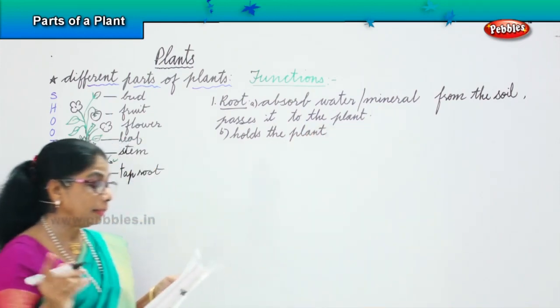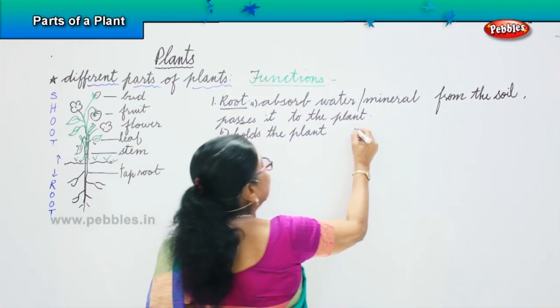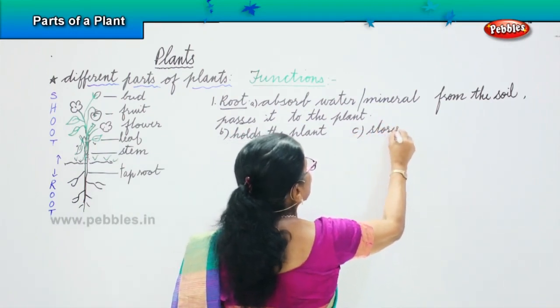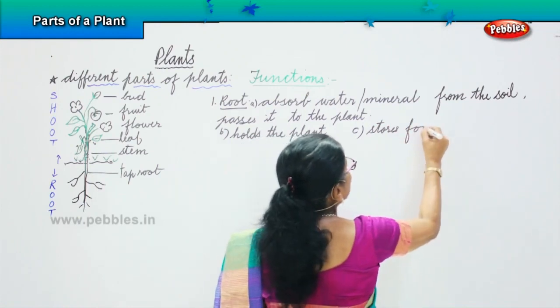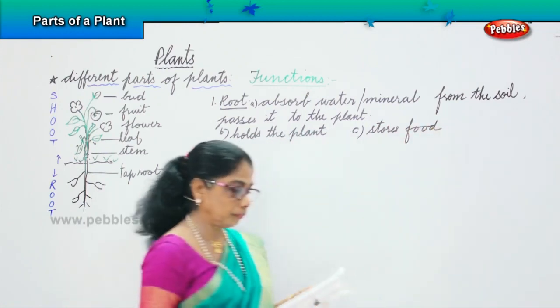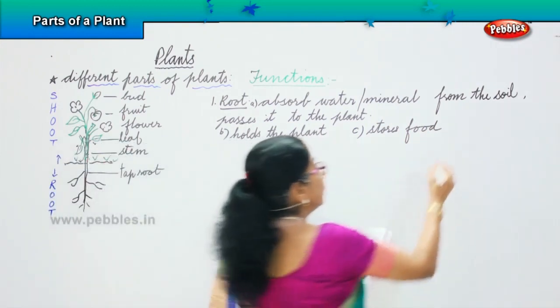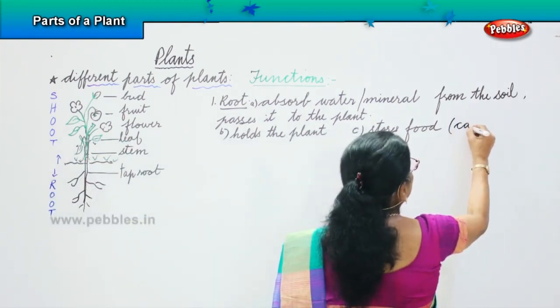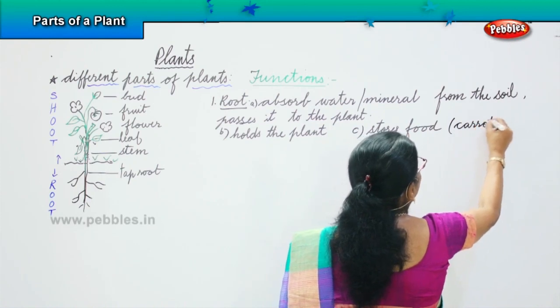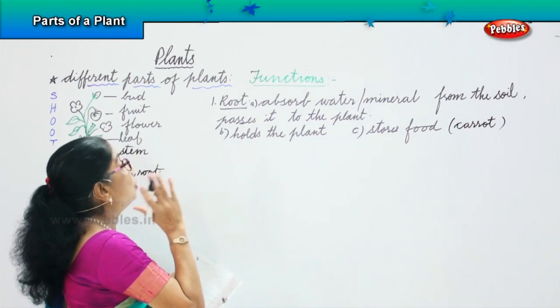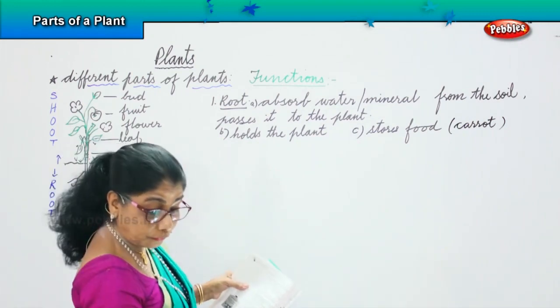Okay? Next, third, it stores food. Stores food in the root, for example, carrot, radish. Alright? Next. So, what is the first function of a root?